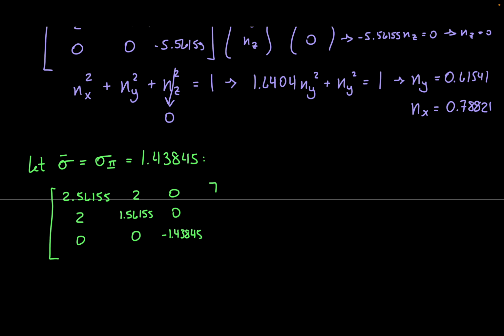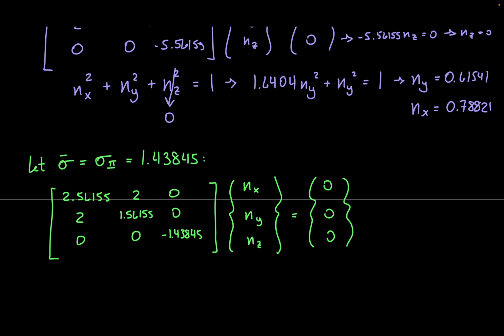Okay, so once we subtracted our diagonal by sigma 2, then we'll set up a fresh unit vector here of nx, ny, and nz, and that'll be equal to our 0 column, 0, 0, 0.